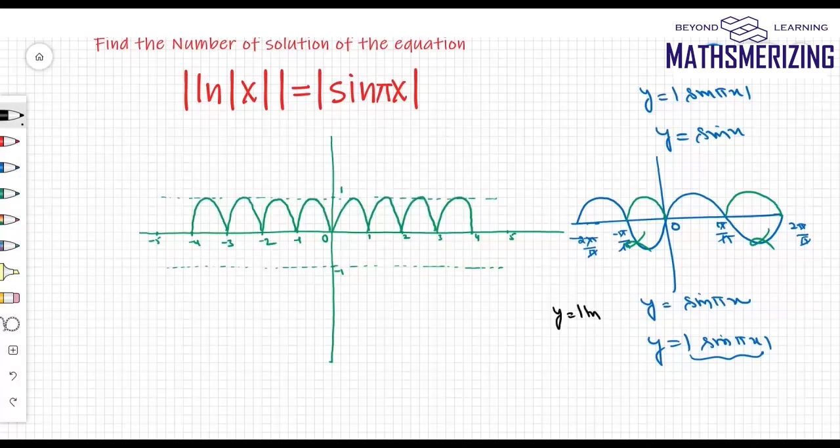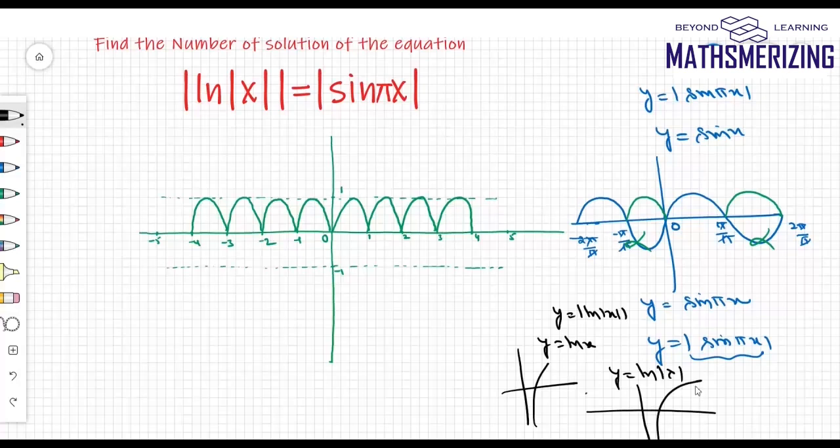Now for mod log mod x, my basic graph is log x. Then I'll take the transformation of mod x. And then I'll take the transformation of mod log mod x. So now I'll draw the graph of mod log mod x.